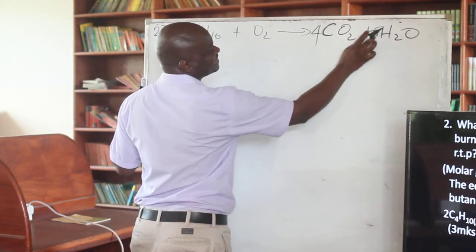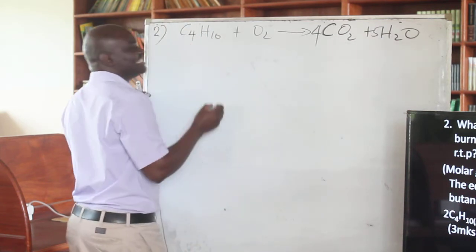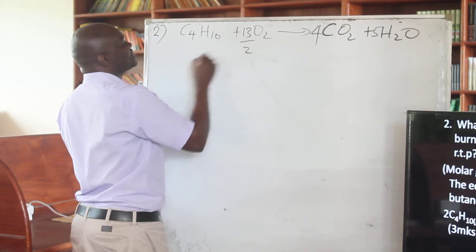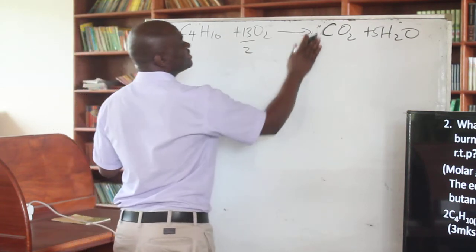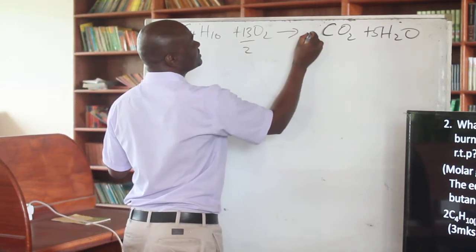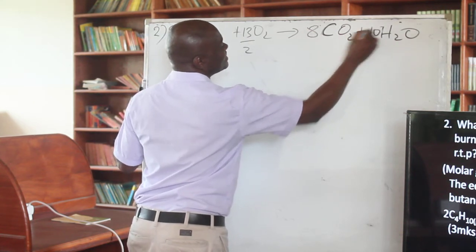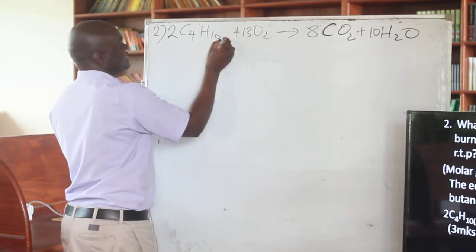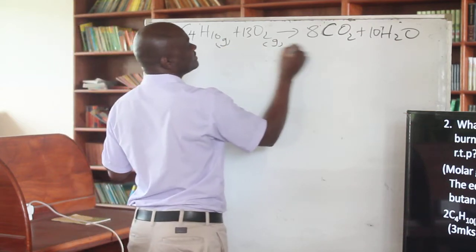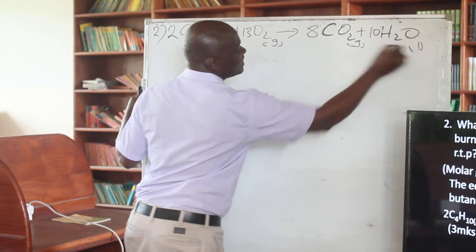Then this one is 5 plus 8, 13. So we'll have 13 over 2. This one will be 2, this one, carbon dioxide, will be 8, and this one will be 10. So we have it like that. A gas, a gas, a gas, a liquid.